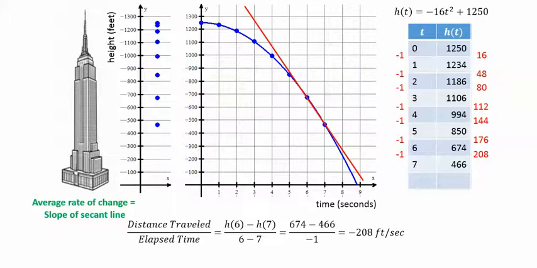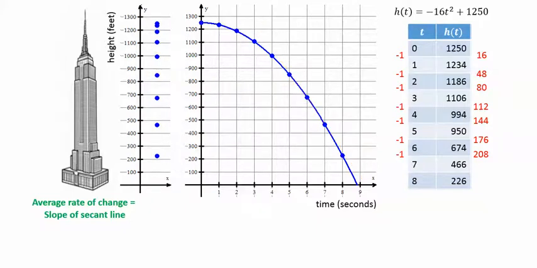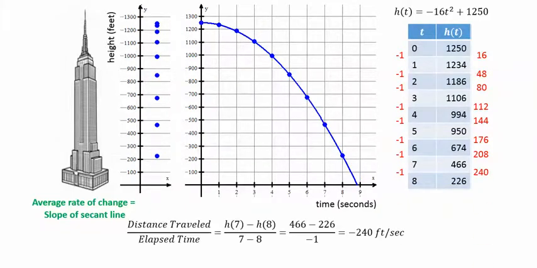Now, you can see this in the simulation graph because the coin is falling a greater distance for each constant 1 second change in time. Now, between t equals 7 and 8 seconds, the average velocity is negative 240 feet per second, and at around 8.84 seconds, the coin will finally hit the ground.